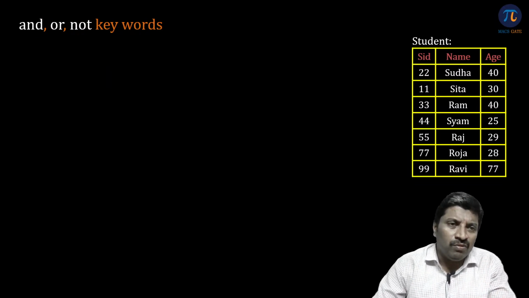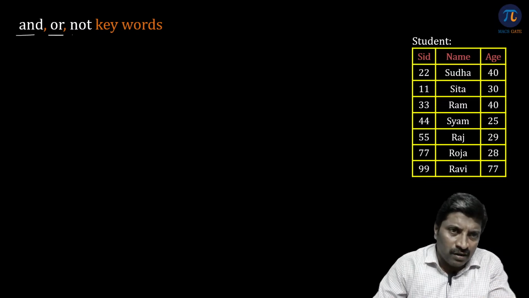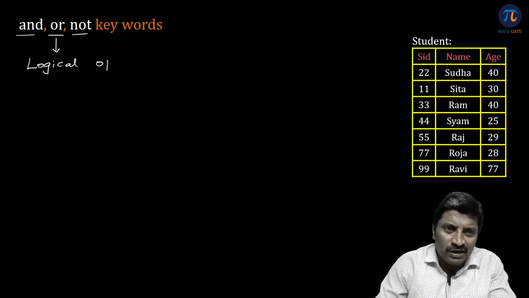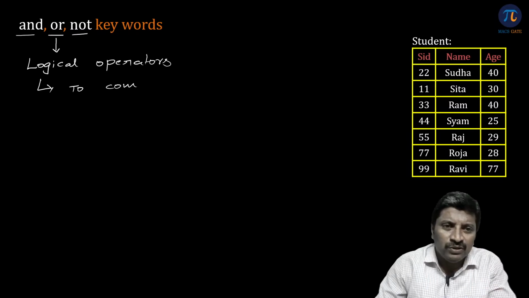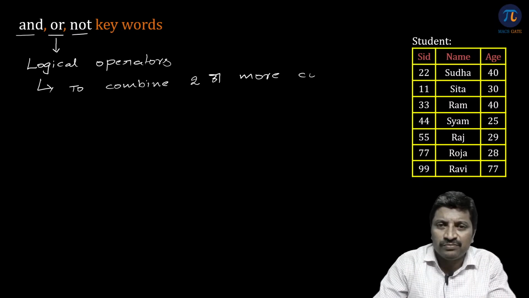Okay. Now and, or, not. Generally, these are the logical operators. If you are having familiarity with C language, these are the logical operators. Generally, where we use these logical operators are to combine two or more conditions.